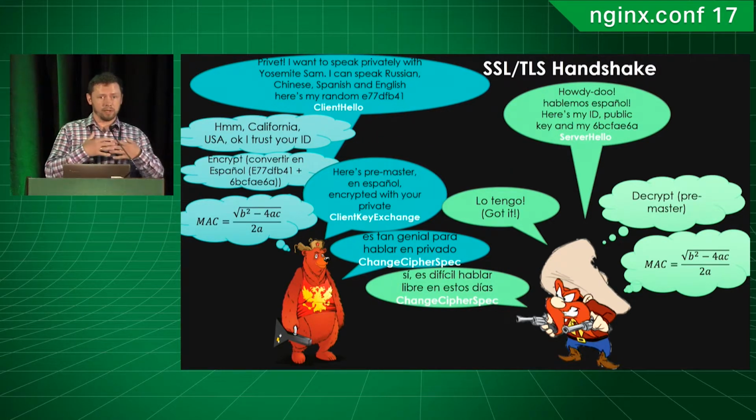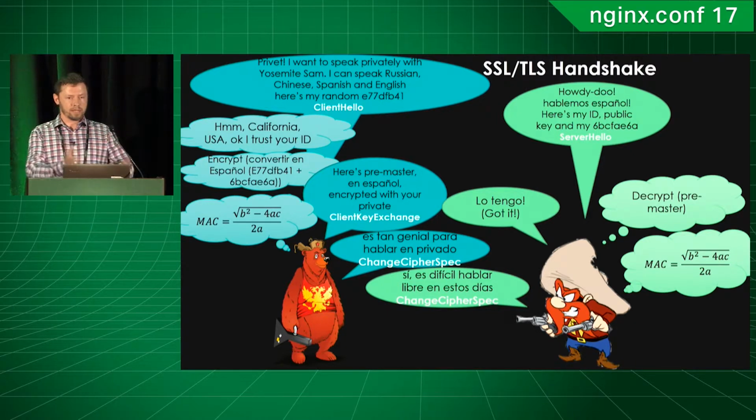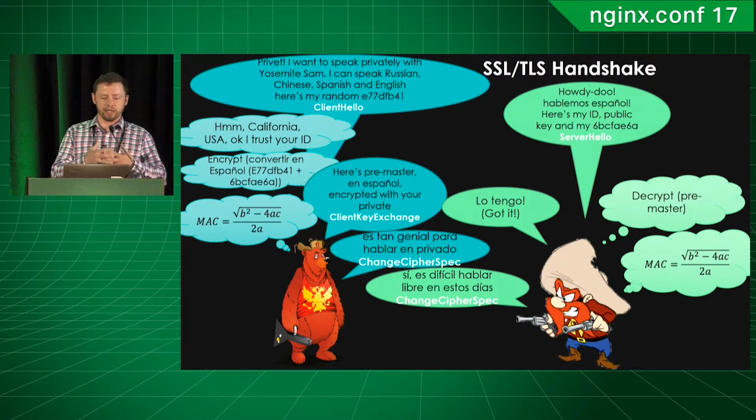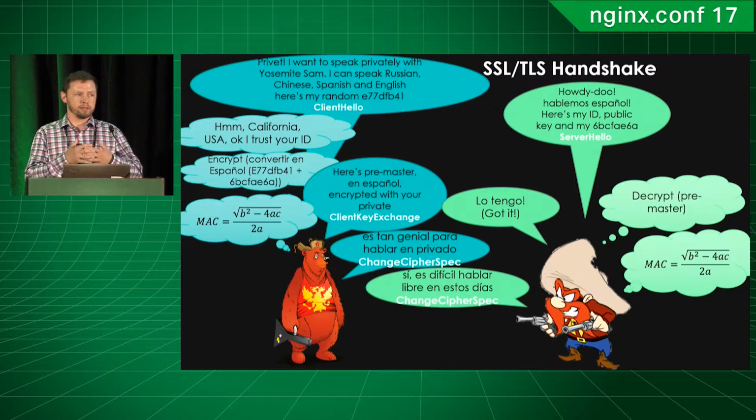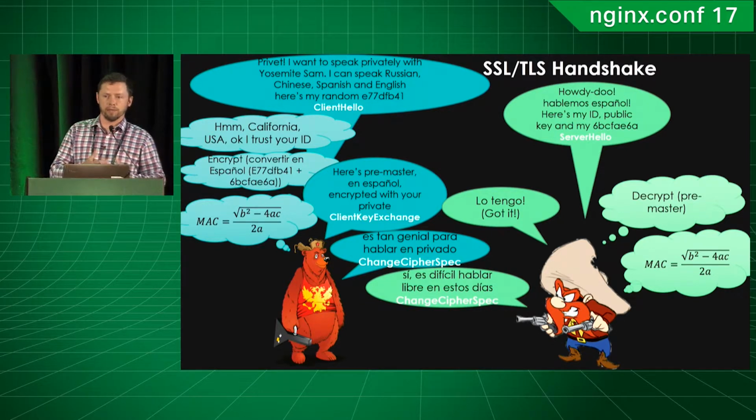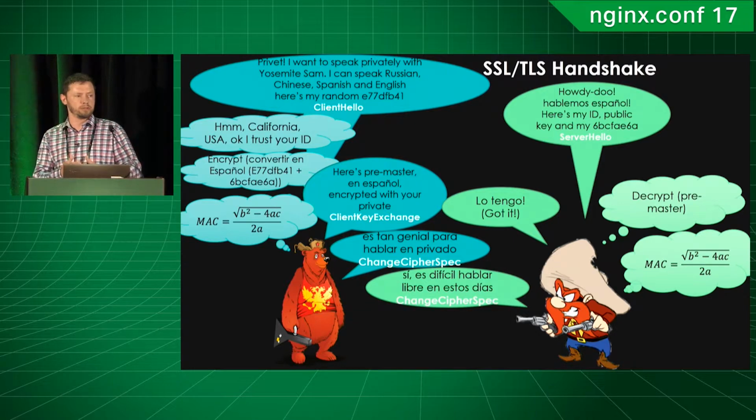So after the TLS handshake is established, the server and the client are using symmetric encryption. They are not using asymmetric encryption, which is costly and very resource intensive. And basically, what does it mean?